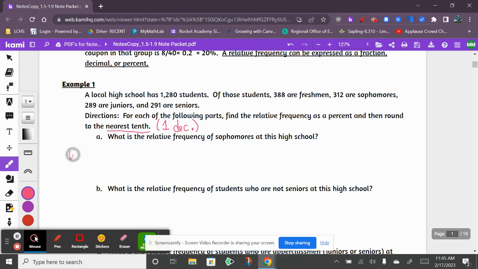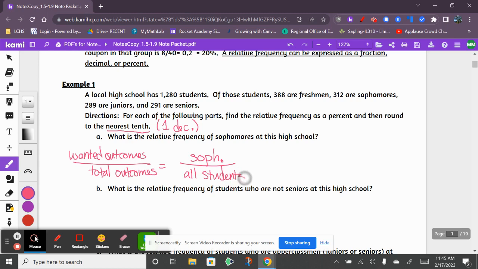So remember, we want our wanted outcome for the top over our total outcomes. So that's going to be the sophomores is what we want, and that's going to be out of all the students. So the sophomores, we can see that there are 312, and they tell us, we could add up all of these to see how many total students there are, but they tell us that it's out of 1,280 students.